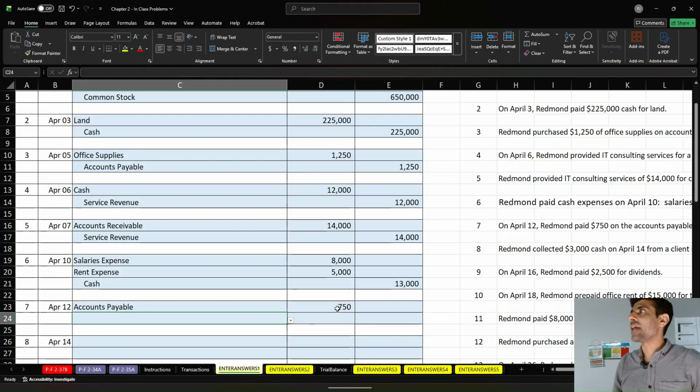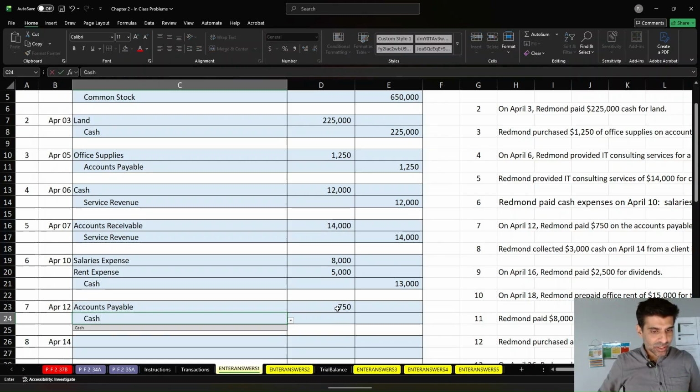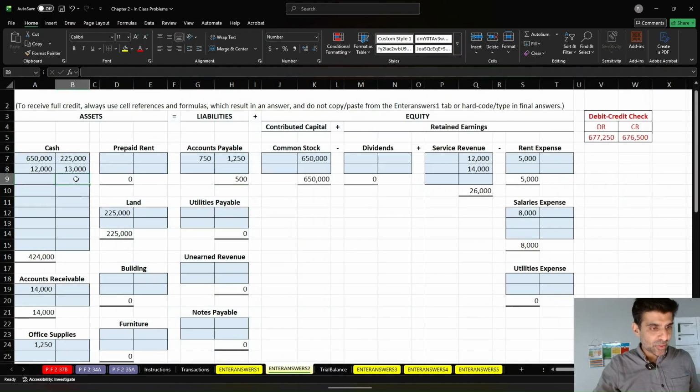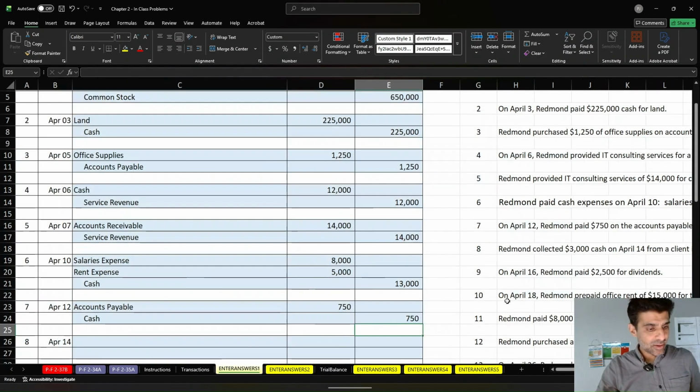What do you use to pay off your debts? Your bank account balance, right? Your cash. So cash is going to go down $750. Okay, so let me post the other side of that. And I'm making sure that on cash, I'm making sure it's on the right side because that's the credit side. Okay, any questions on that? Everyone got that? Okay, all right, let's keep going.